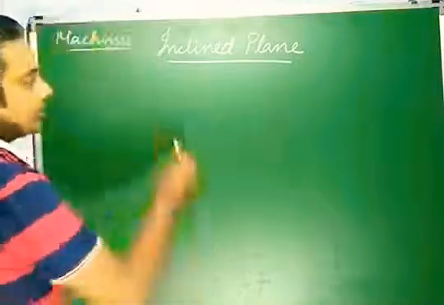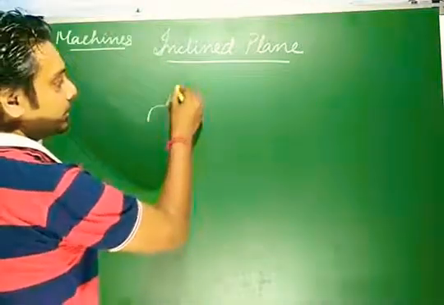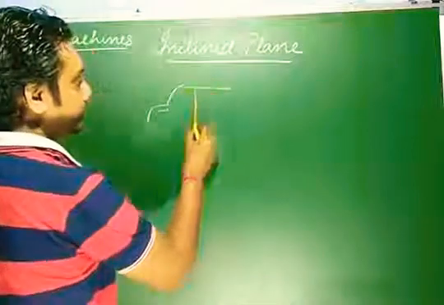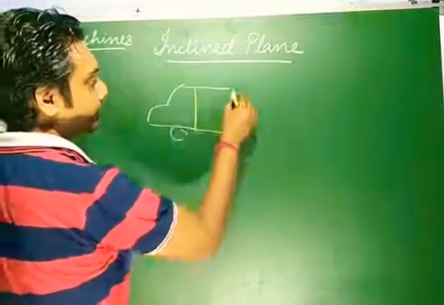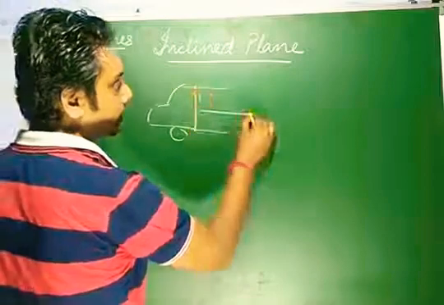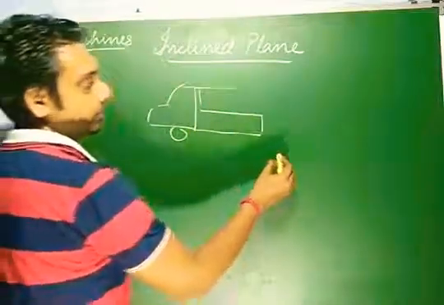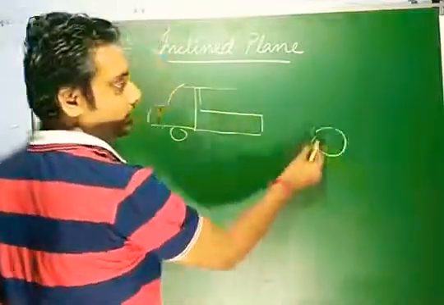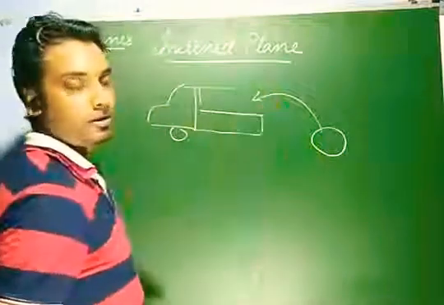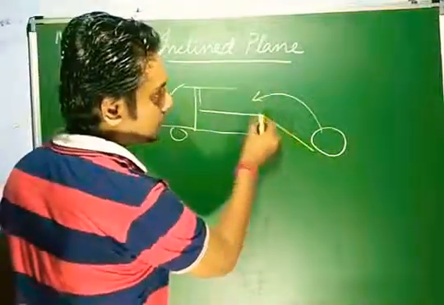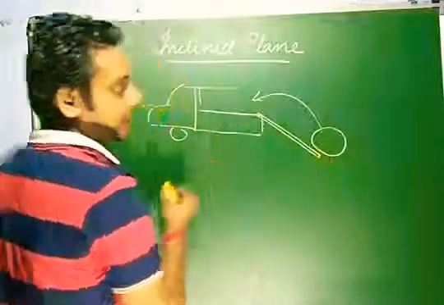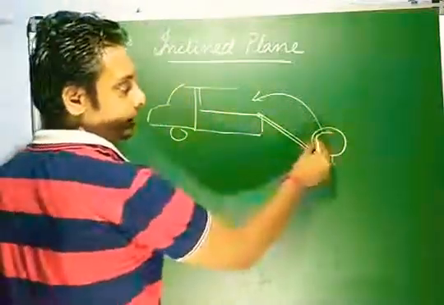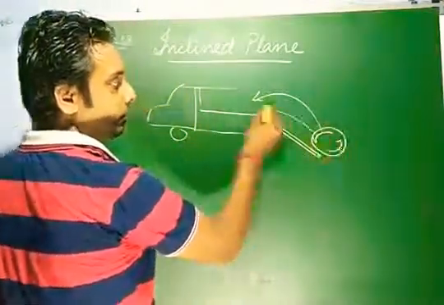Now we often might have seen that if there is a truck like this, and we need to put some heavy rolls over this truck, what we are doing? We are just using a slab like this over which we can roll it up.